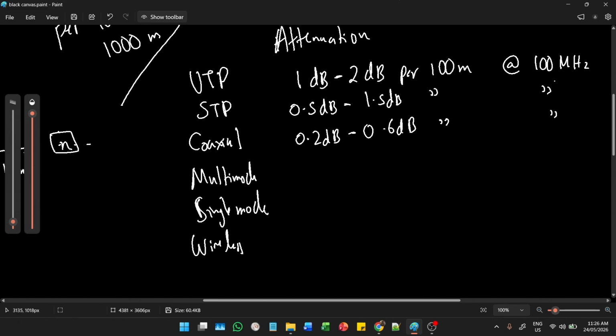Megahertz is the frequency that we use because it's an electrical signal, whereas multimode and single mode are optical cables that use light signals. Keep this in mind.